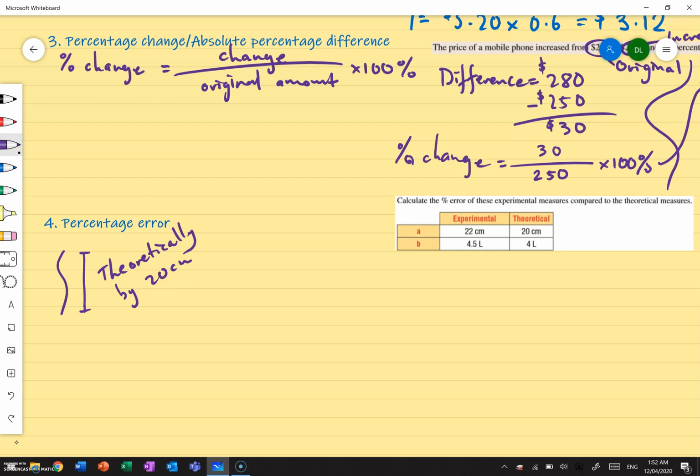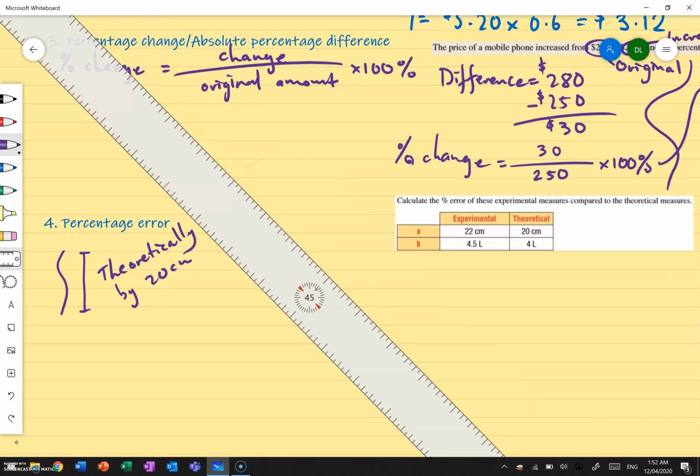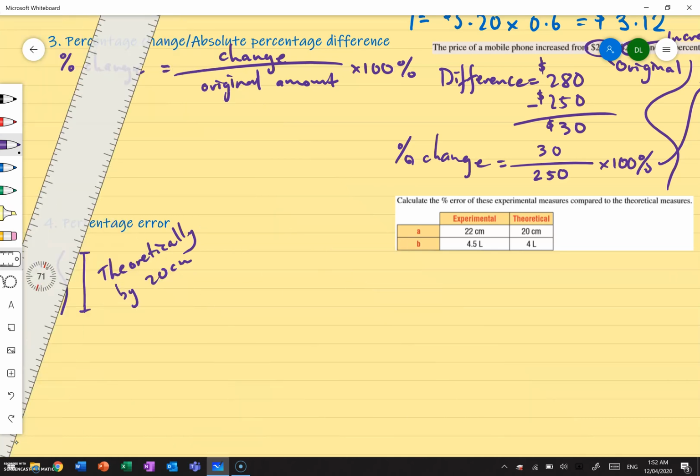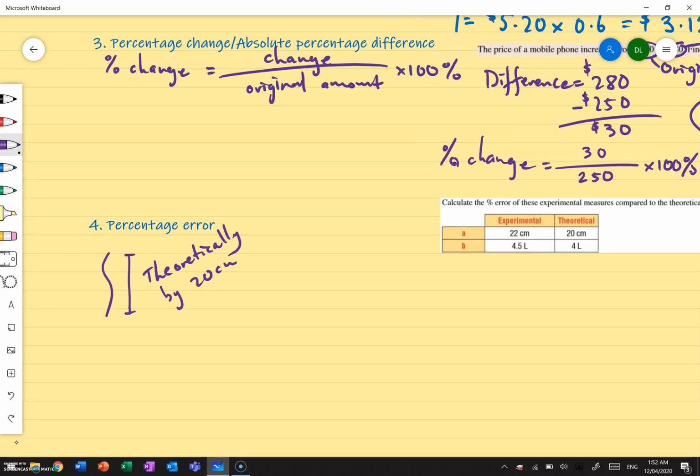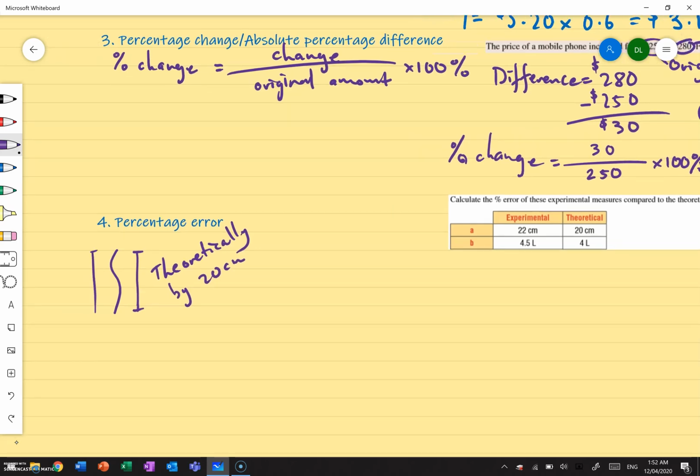You take this string, you get a real ruler and you measure it, and it actually says it's 22 centimeters.